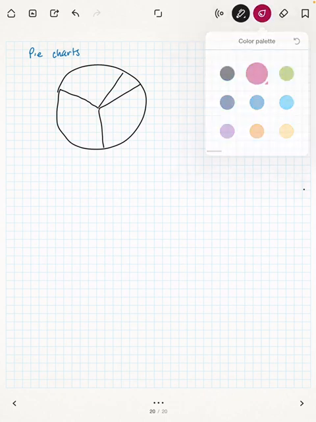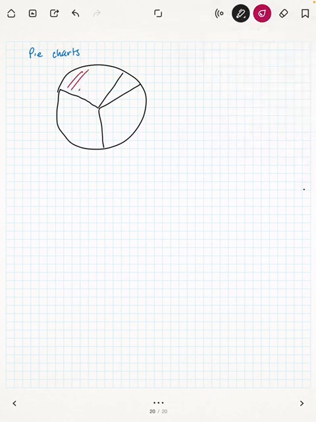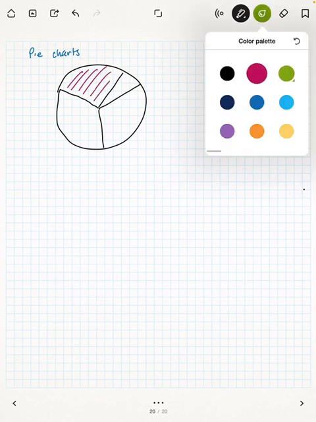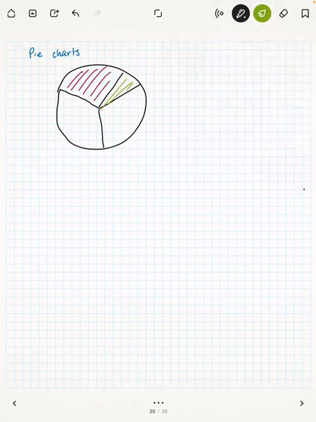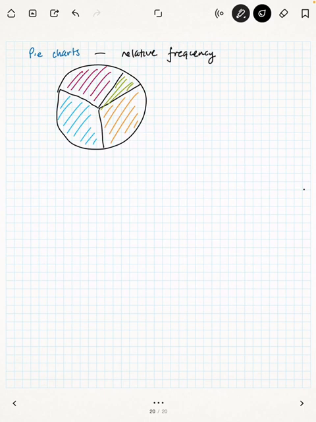So if this is one category, this is a different category, each slice represents the relative frequency of that category. So these only work with relative frequency, whereas the other two, bar charts and Pareto charts, work with both relative frequency and frequency.